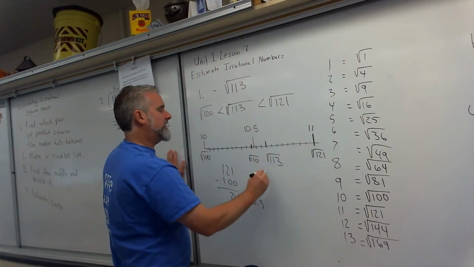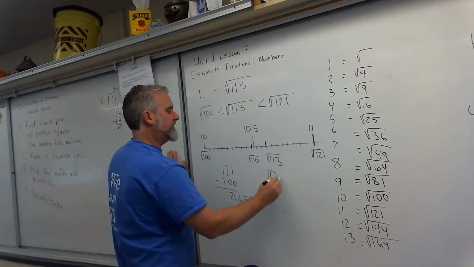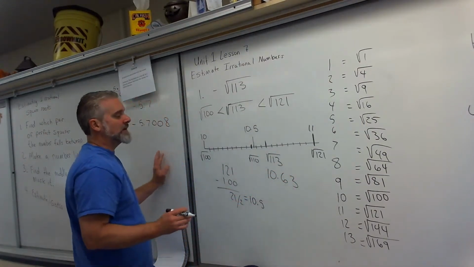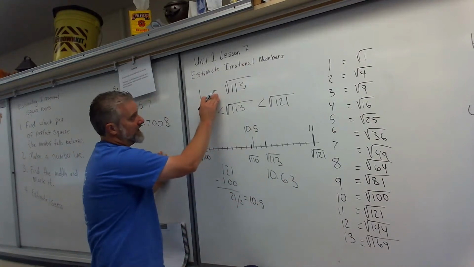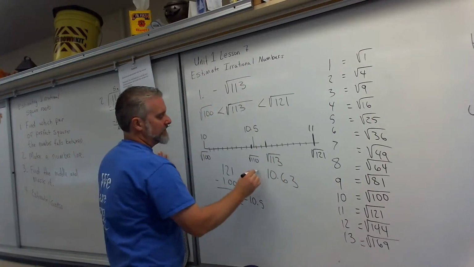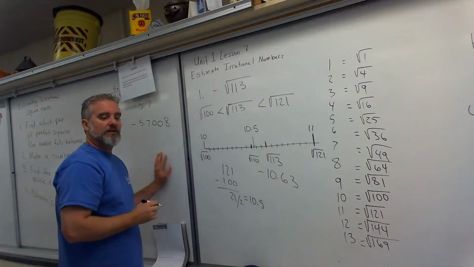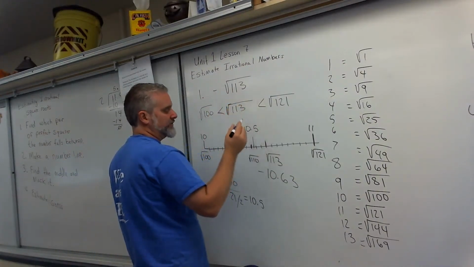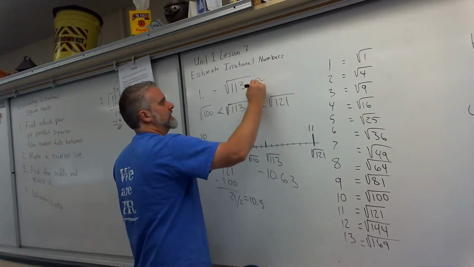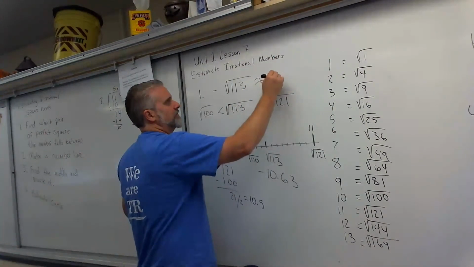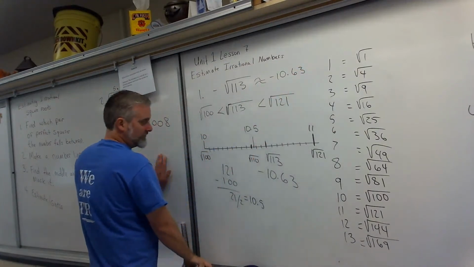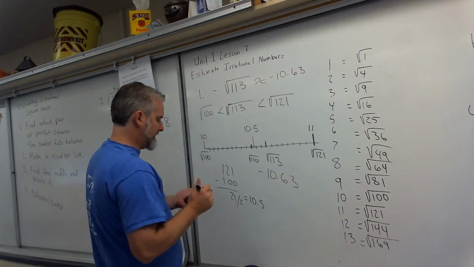So I'm going to give this a 10.63. That's going to be my guess for right now. So now, bringing back that negative sign, it's going to go right out in front here. So my estimate for negative square root 113 is approximately, with a guess, negative 10.63.